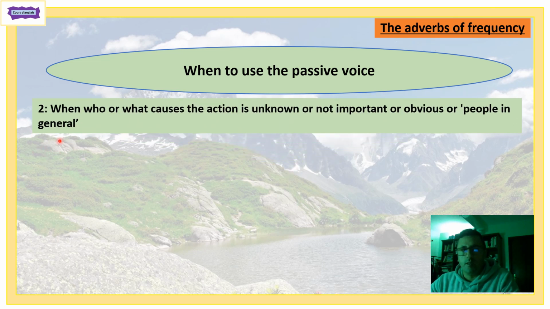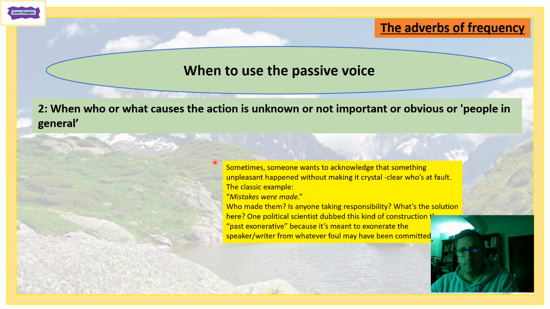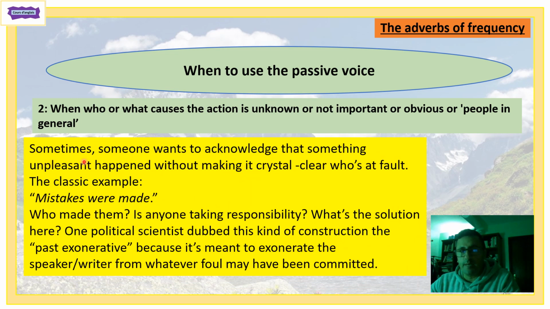The when, who, or what that causes the action is unknown or not important or obvious, or people in general. Sometimes someone wants to acknowledge that something unpleasant happened without making it crystal clear who's at fault. The classic example: mistakes were made.